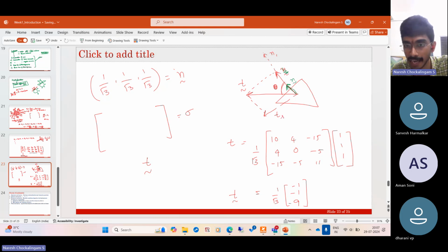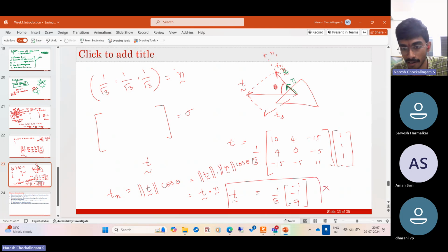Let us call them Ts and Tn. So what is Tn? Tn is equal to magnitude of T cos theta, right? You can also write this as magnitude of T, magnitude of N, where the magnitude of N is 1 because it is normalized, times cos theta. And that's the dot product, T dot N. We already got T, the traction vector.